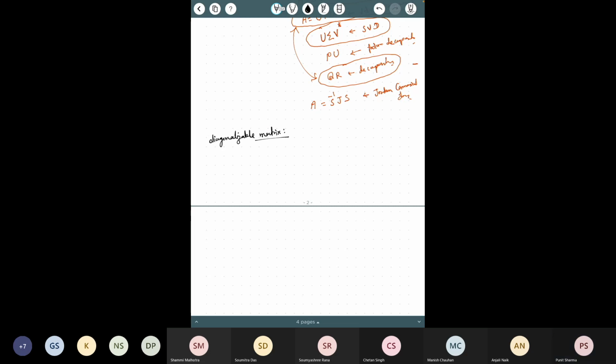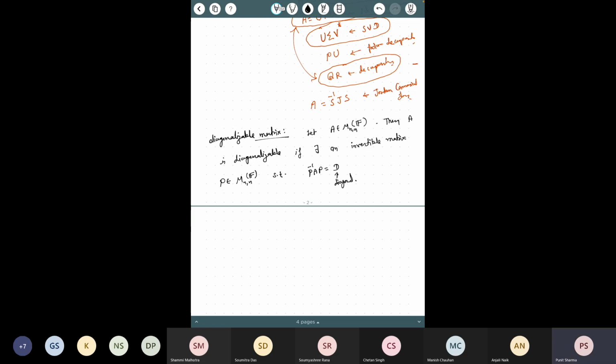Suppose that we have a matrix A of size n cross n over the field F, where F is either R or C. Then A is called diagonalizable if there exists an invertible matrix P of the same size over the same field such that P inverse AP is diagonal.